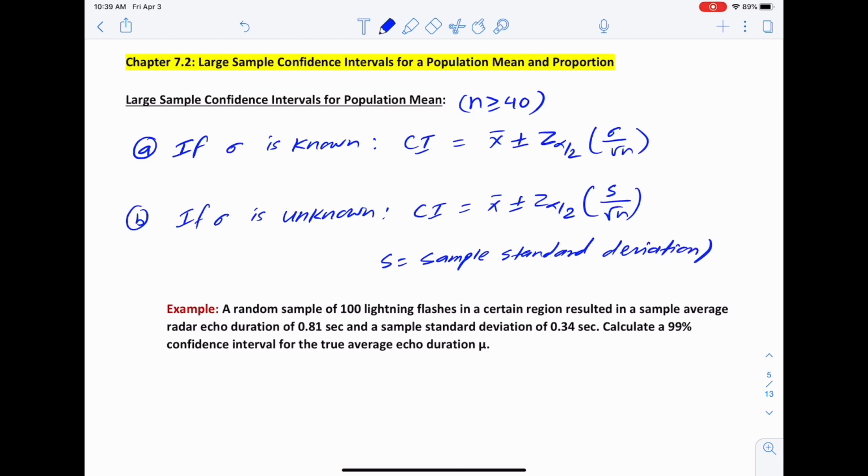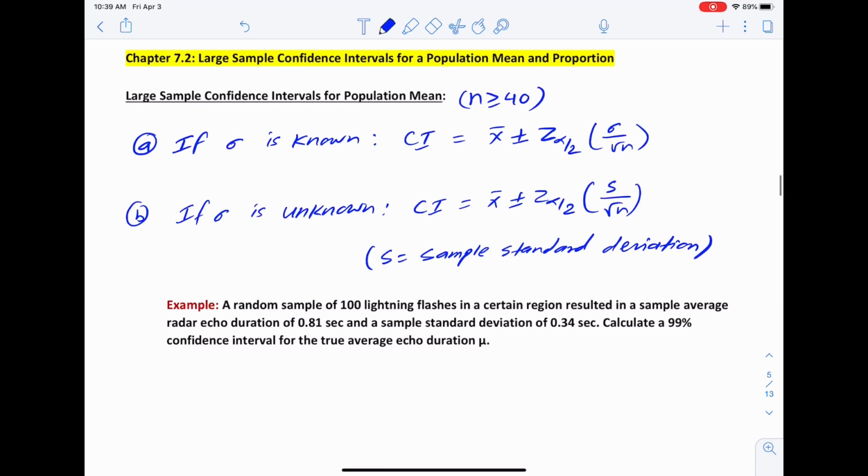So for a large sample, our formula is pretty much the same as before. The only difference is if our sigma is unknown, we use the sample standard deviation instead of the population standard deviation.